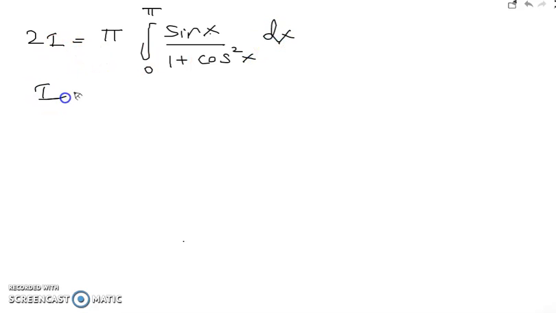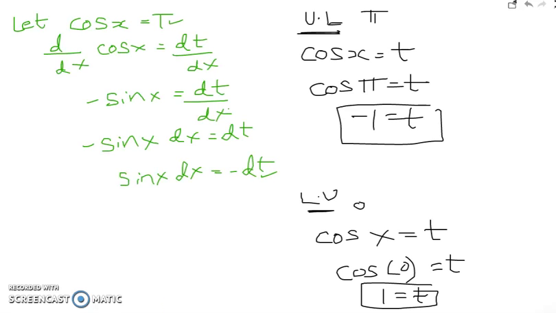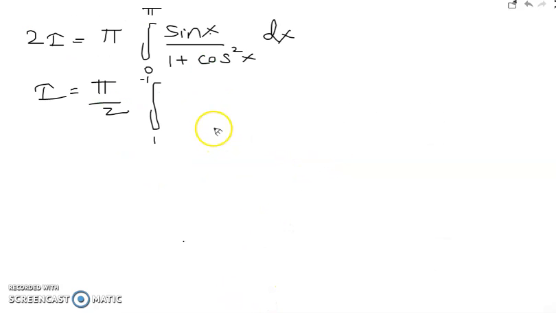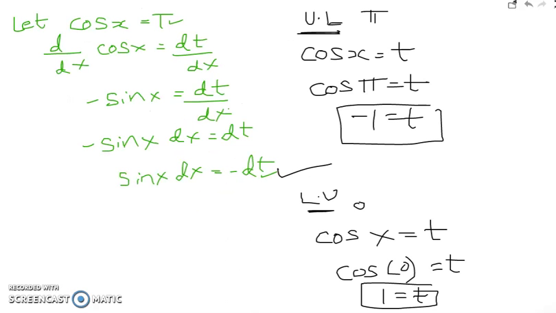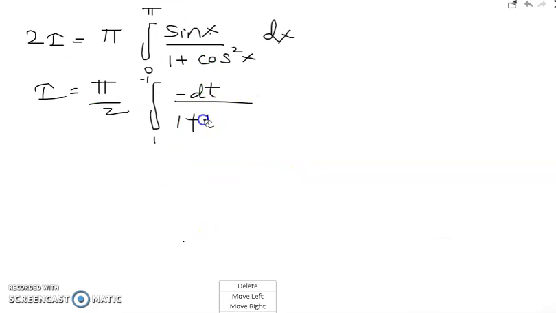Just we are sending 2 there. I is equal to pi by 2 times the integral with upper limit minus 1 and lower limit 1. Sin x dx, what value have we got? Sin x dx is minus dt, right? Minus dt by 1 plus cos square x. Cos x, what did we suppose? T, right? 1 plus t square.